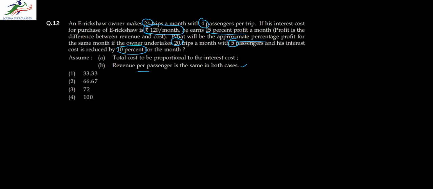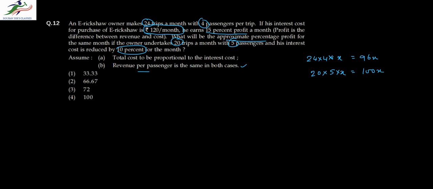So you see, he's making 24 trips with 4 passengers, and they're paying some money, let's say X each. So 96X is his income in the first case, and in the second case he's making 20 trips with 5 passengers with the same rate per passenger, which means 100X.